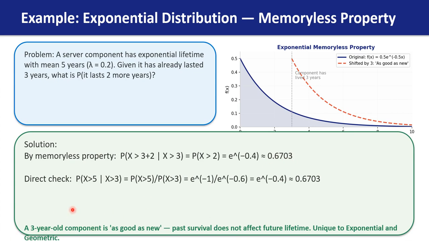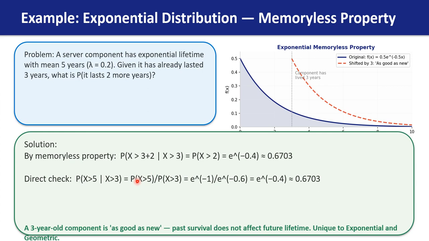Okay, let us verify this directly to prove the property. By definition of conditional probability, P of X greater than 5 given X greater than 3 equals P of X greater than 5 and X greater than 3, divided by P of X greater than 3. If X is greater than 5, then automatically X is greater than 3, so the top is just P of X greater than 5.